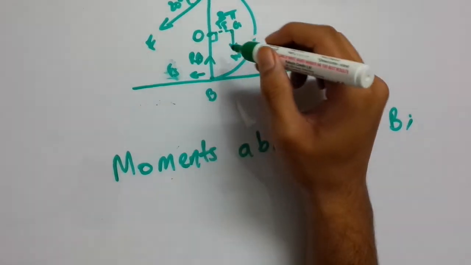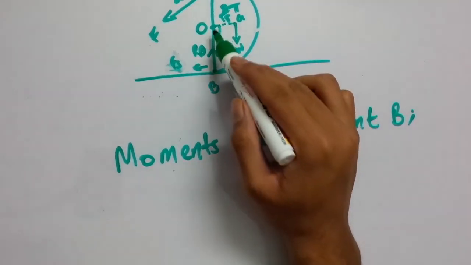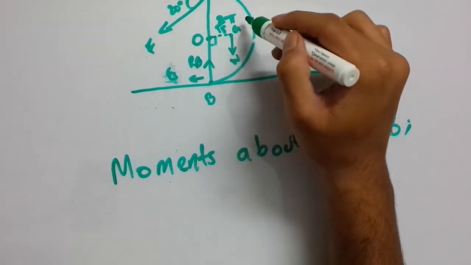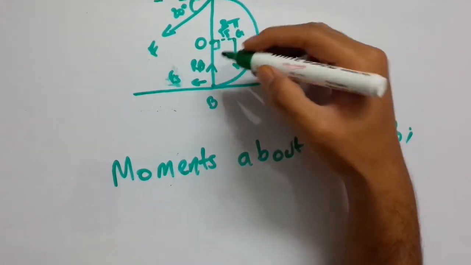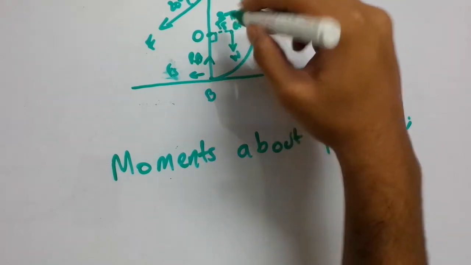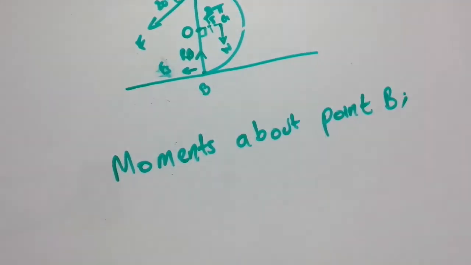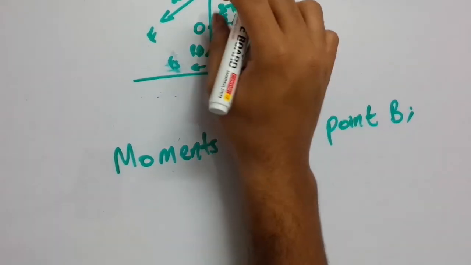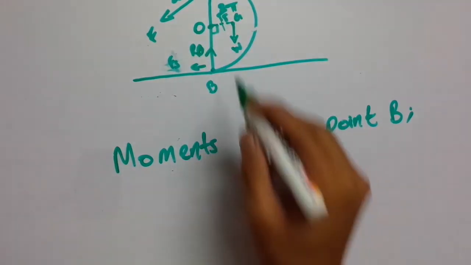Okay, let's take the moments. R cross F, R is this, cross F, that is this side turning into this side. We get the perpendicular distance is 8 by 15 pi.